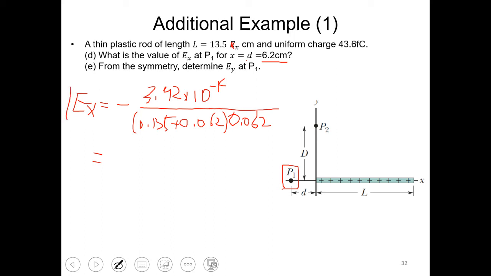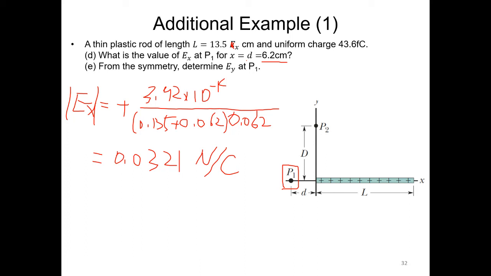So we just consider the magnitude. So it is nothing but 0.0321 Newton per coulomb. Or you can write it as 32.1 milli-Newton per coulomb.